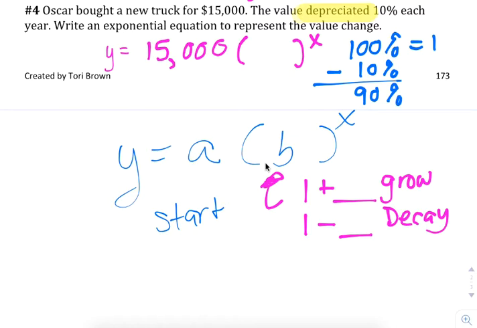Now, I don't want to say 90 because that's bigger than 1. So we're going to think about that like a whole number. 90% is the same as saying 0.90. So that's what we're going to put in our blank. We're going to take 0.90 and write that as our b. It's smaller than 1. It's dropping a 10% dip.